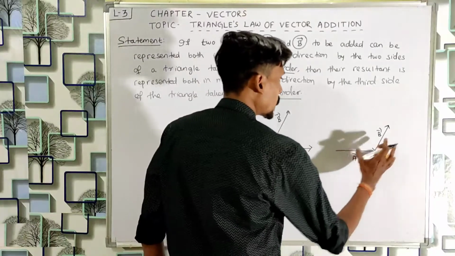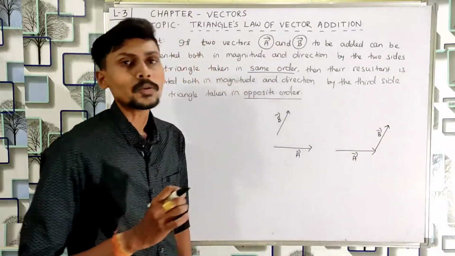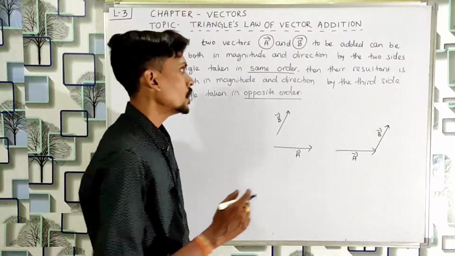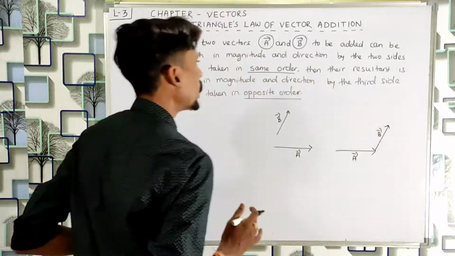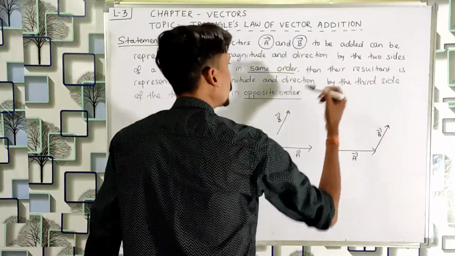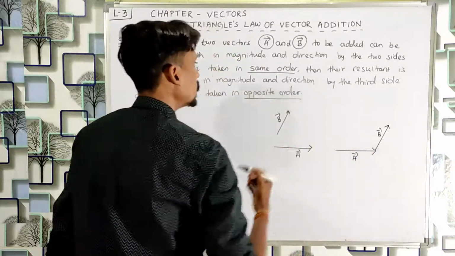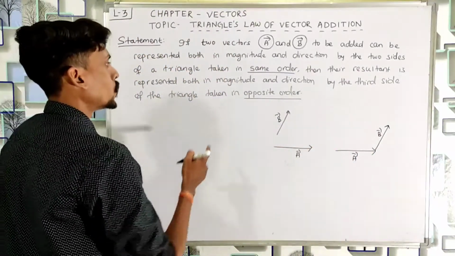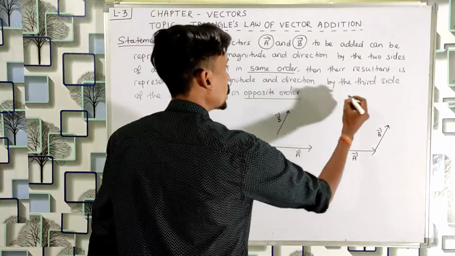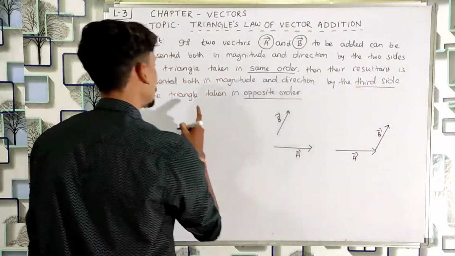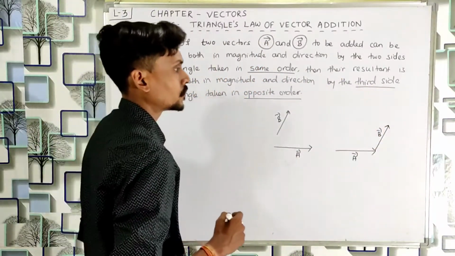So these two vectors represent the two sides of the triangle. Now after arranging the two vectors, their resultant, meaning the sum of A vector and B vector, will be represented both in magnitude and direction by the third side of the triangle taken in opposite order.